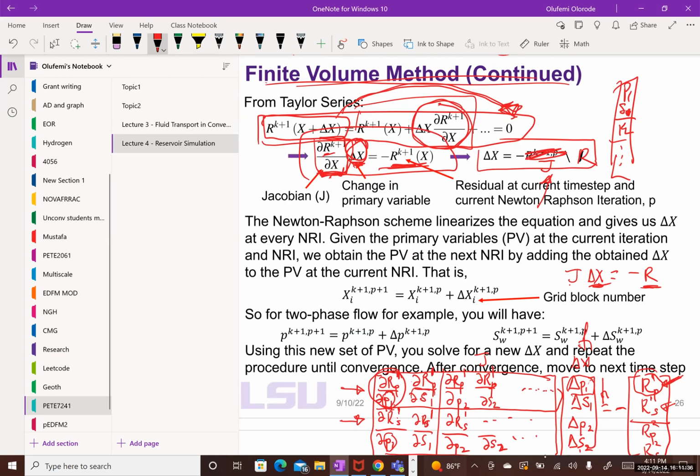So with the brute force approach, you will write a function that will take this residual and perturb all the primary variables and just form this matrix. It will be forming it row by row or column by column, depending on how you set it up. The problem is brute force. It will get you this stuff and it's scalable. If you change it to 3 equations per grid block, it will perturb everything and it will still fill up the entire Jacobian matrix.